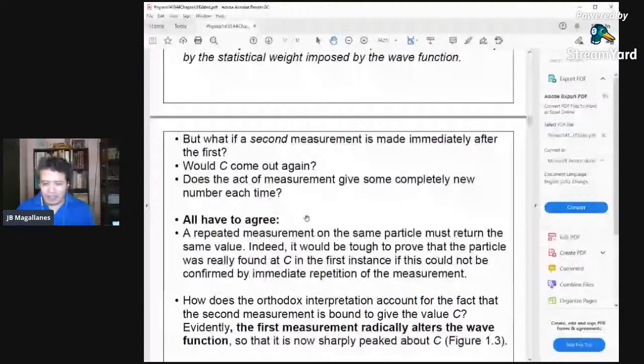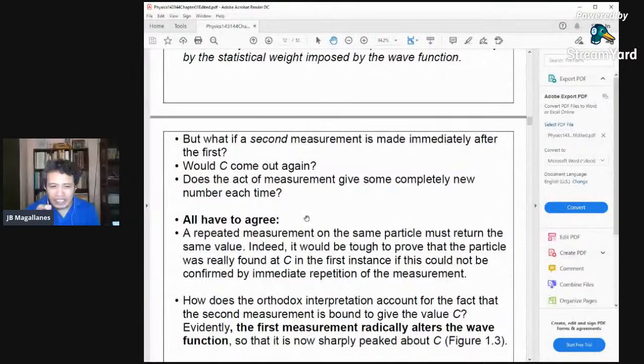Remember, the particle, as tiny as it is, could be vibrating, is vibrating. And the moment you measure that, it is disturbed. And so C might not be exactly the C that you've measured before.